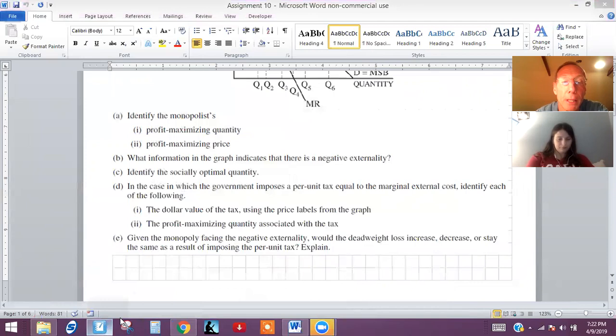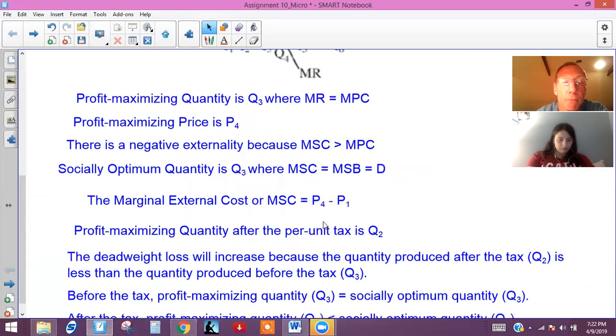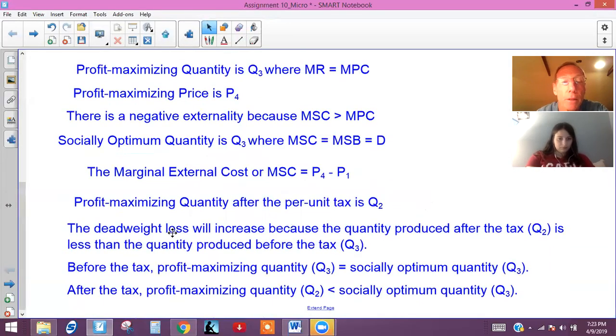So the way you would explain that is you would just simply say that the deadweight loss will increase because the quantity produced after the tax Q2 is less than the quantity produced before the tax Q3. Before the tax, profit maximizing quantity Q3 just happened to equal the socially optimum quantity Q3. And after the tax, the profit maximizing quantity Q2 is obviously less than Q3.